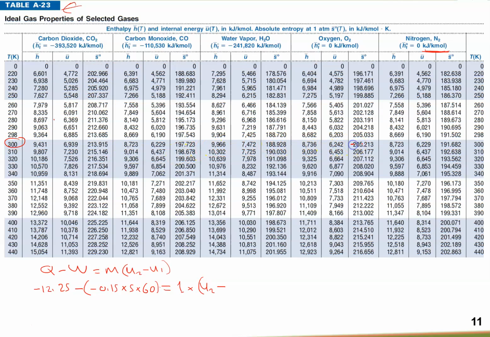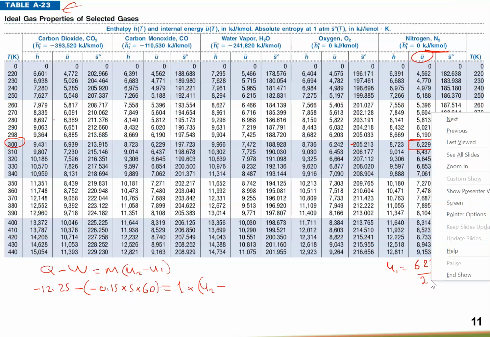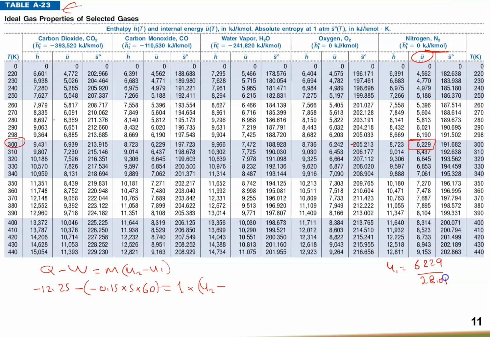So we go to the nitrogen table, and this is the value. This is the internal energy, u, per kilomole, in kilojoule per kilomole. So we have U1 equals 6229 kilojoule per kilomole. So we divide by the molar mass of the nitrogen, which is 28.01.